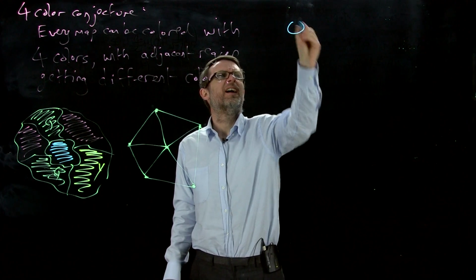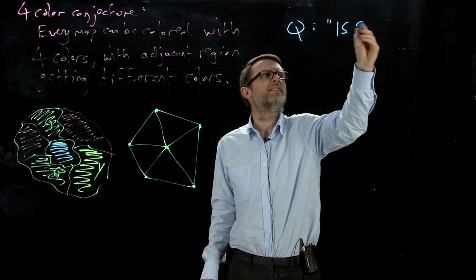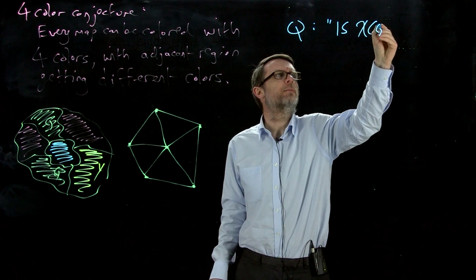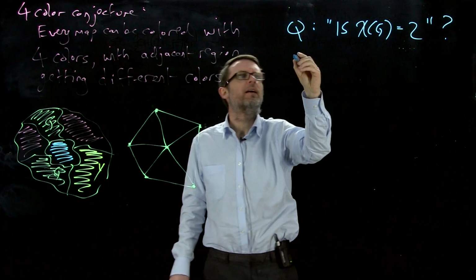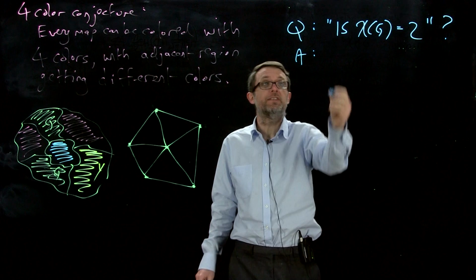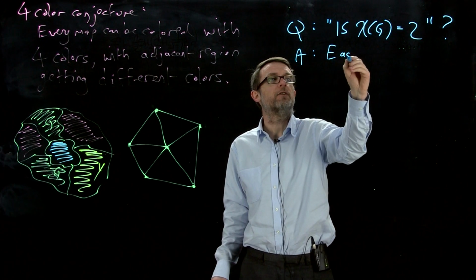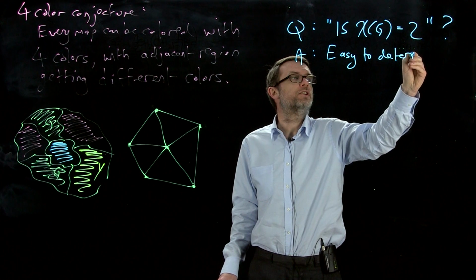So suppose I was to ask you the question, is the chromatic number of some graph G that I give you equal to 2? Well, the answer is either it is or it isn't. And the good news is, as we might see later in the semester, this is very easy to determine.